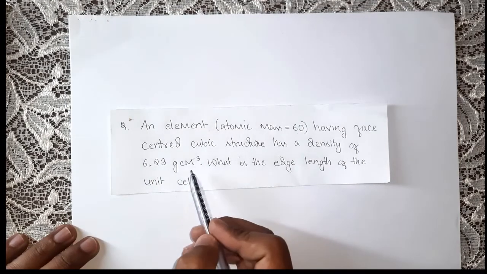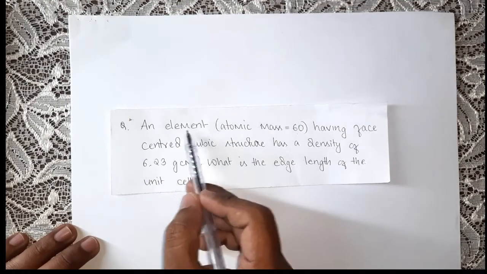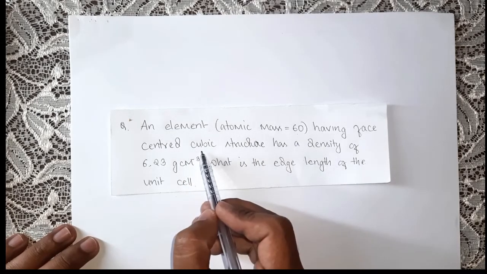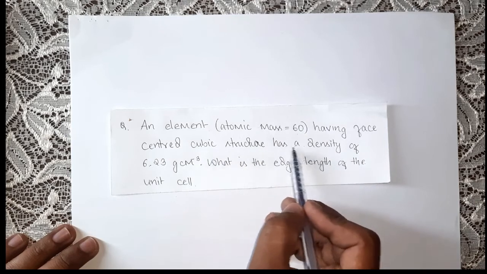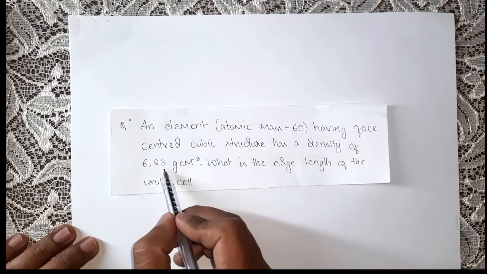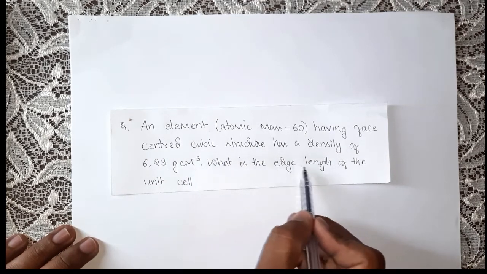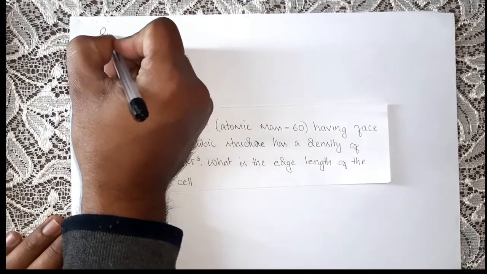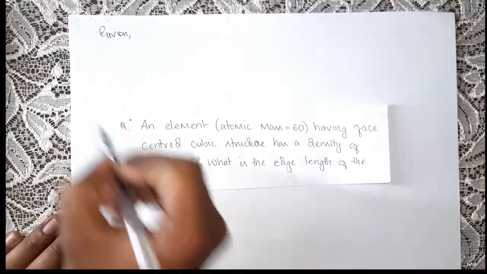Now we will solve our last problem. An element of atomic mass 60 having face centered cubic, so FCC, structure has a density of 6.23. What is the edge length of the unit cell? So now we will find the edge length. I'll just write down the givens.